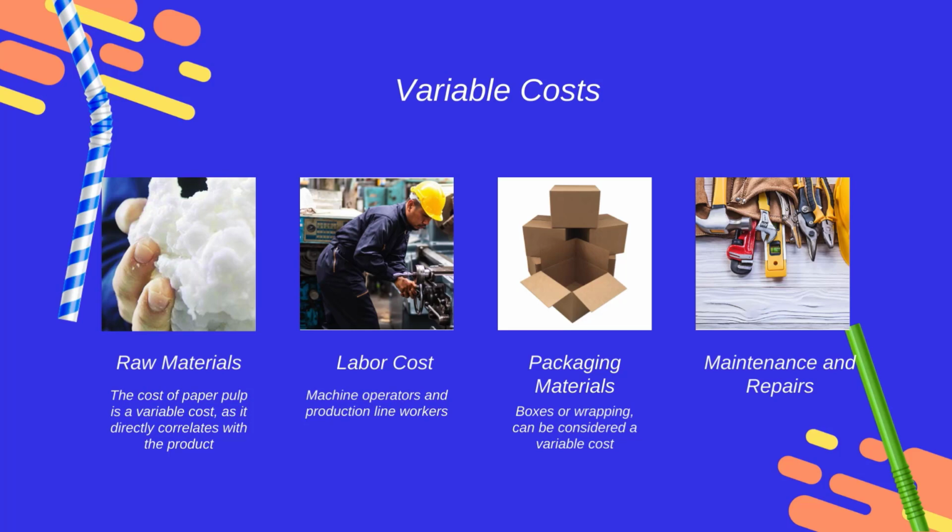The packaging materials, the process of wrapping, can be considered a variable cost, while the maintenance and repairs depend on our machine, which needs time to repair and maintain annually.